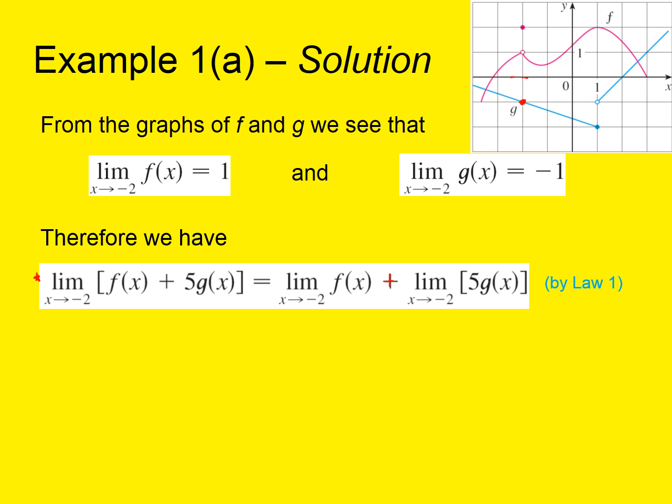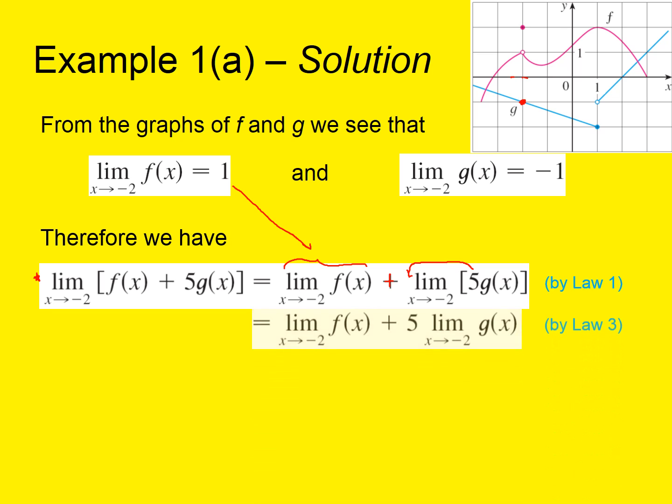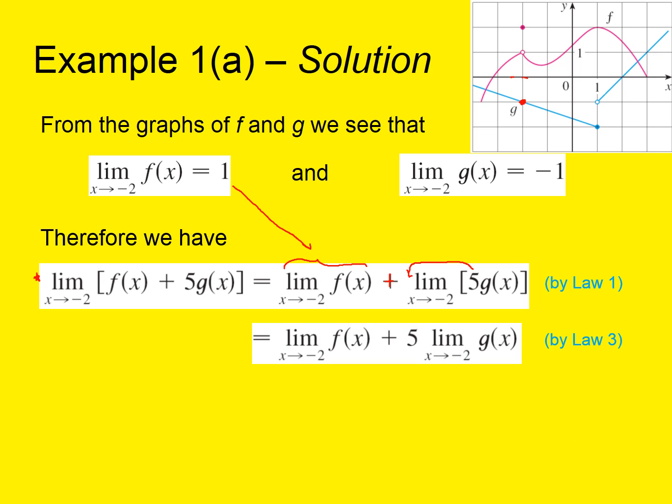They're simpler, and of course this constant 5 is going to come right out of the limit, and then we'll replace all of this with 1 and the other thing with -1. So the 5 comes out. The first limit is 1, the second limit is -1. We do the arithmetic and we get an answer of -4.